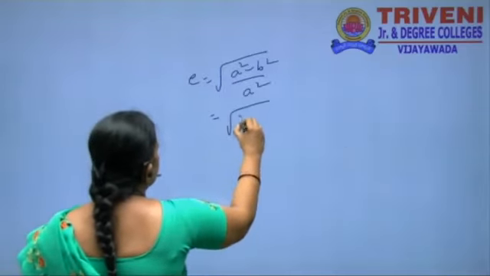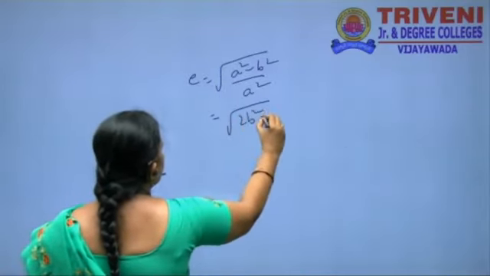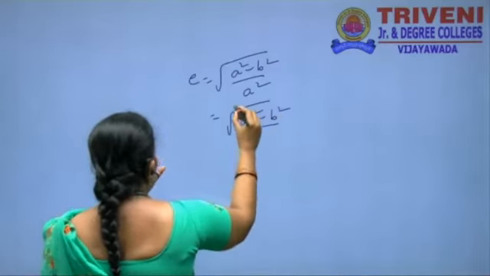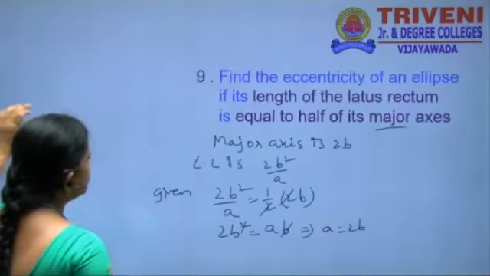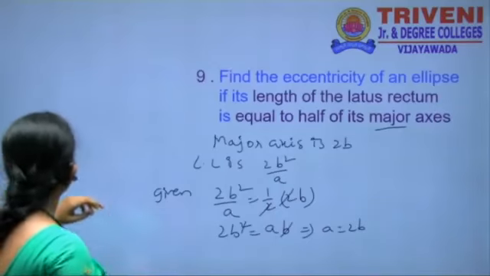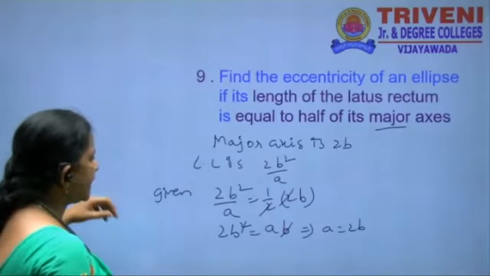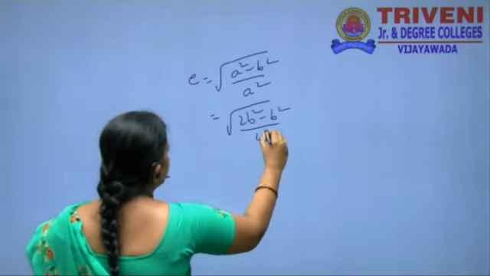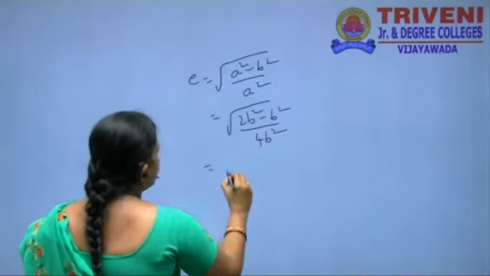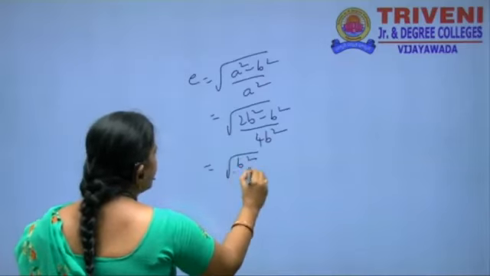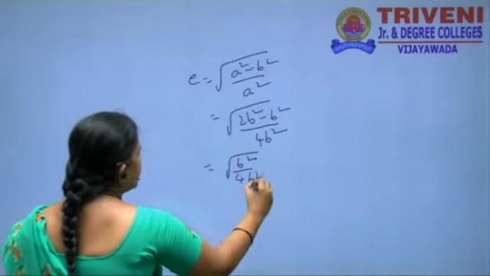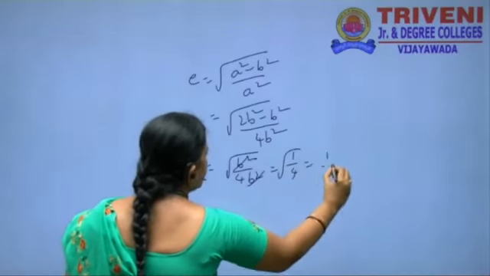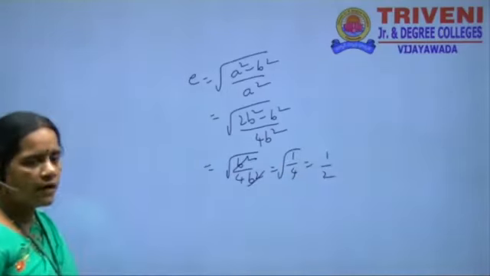That is 2b square minus b square by 2b square by a square. Then substitute the value, that is 4b square. That is the square root of b square by 4b square. B square gets cancelled here. Square root of 1 by 4 is equal to 1 by 2.